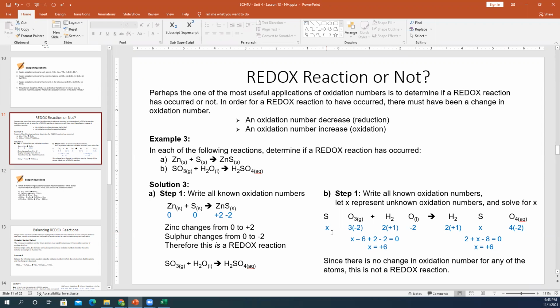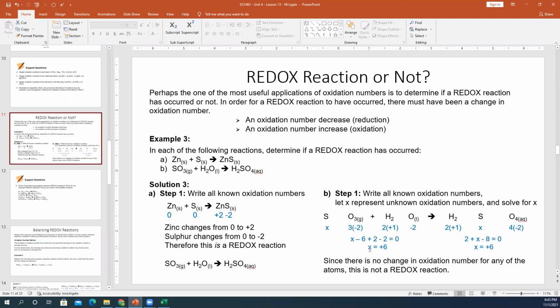So this X plus this -6 plus this +2 plus this -2 all together have to add up to 0 because all of these are electrically neutral. There's no charge on them. They're all 0.